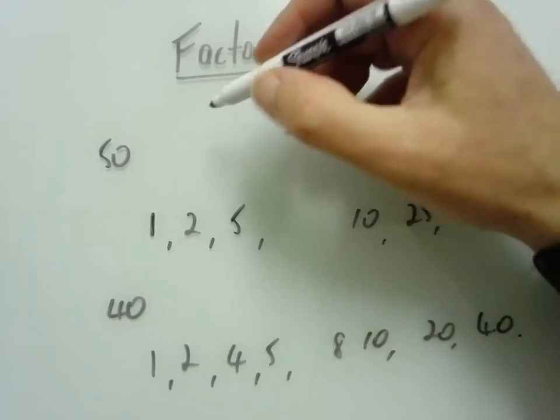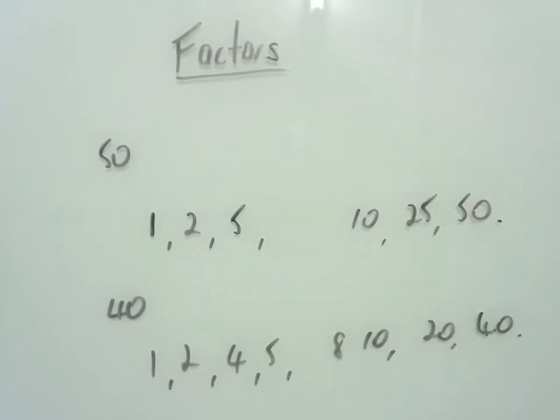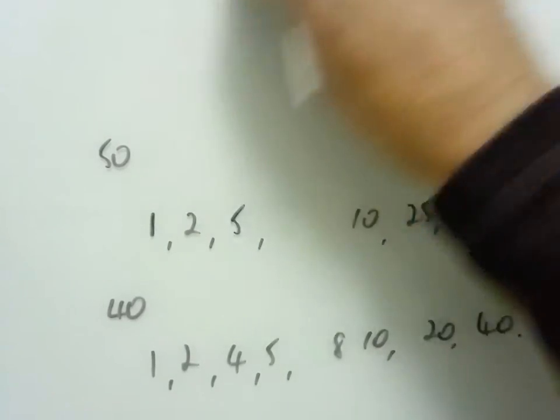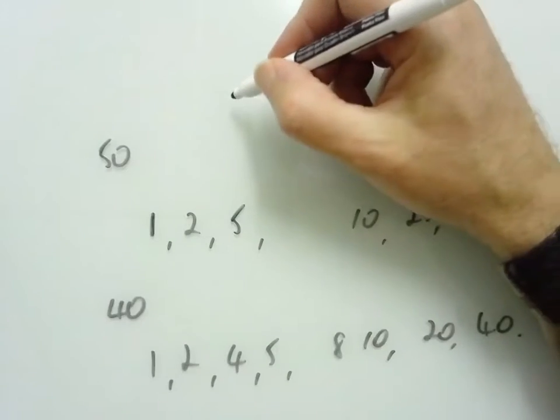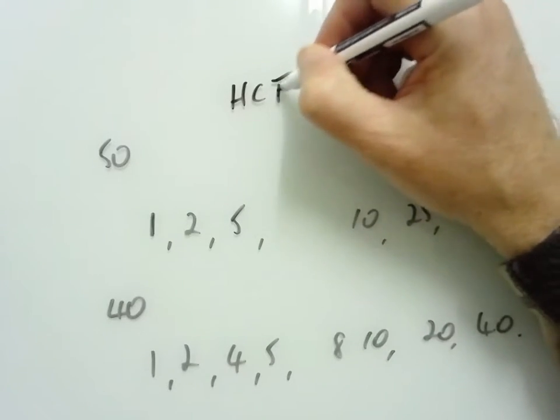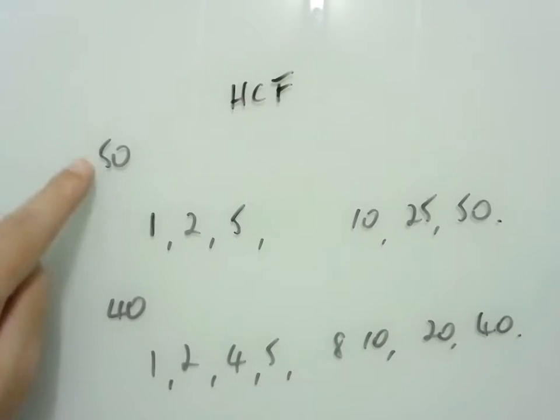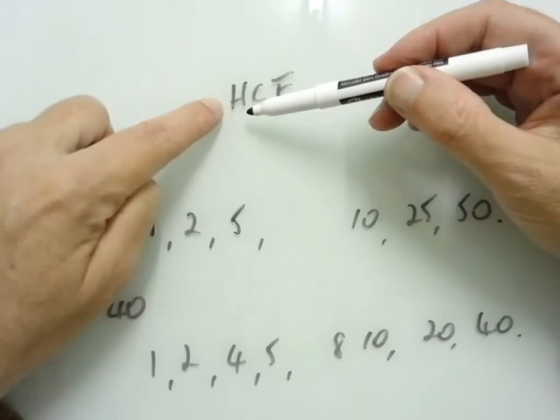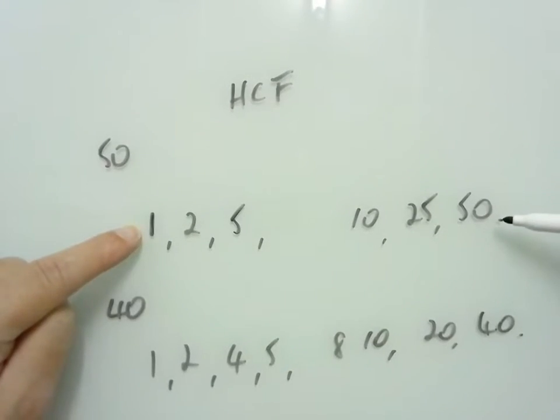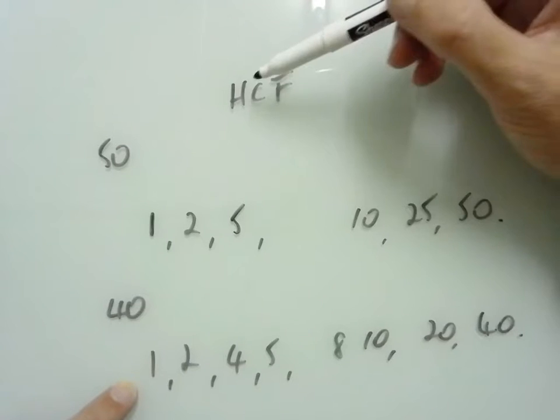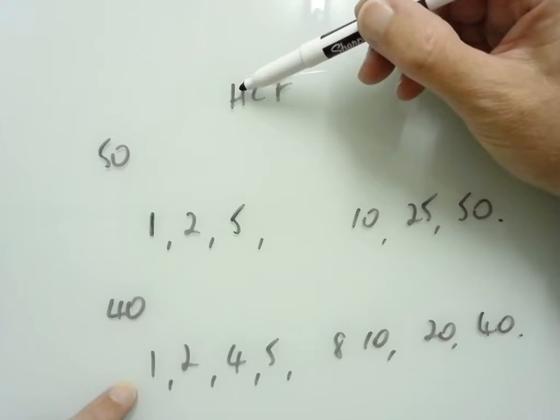Let's just say, and we'll get to this when we get to algebra in grade 8, we need to find the highest common factor of 40 and 50. So a little bit like the LCM, the lowest common multiple in the previous video, highest common factor. So we want to list all the factors of our two numbers, and we want the biggest number in both lists.